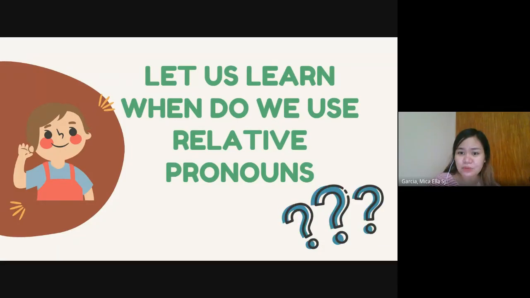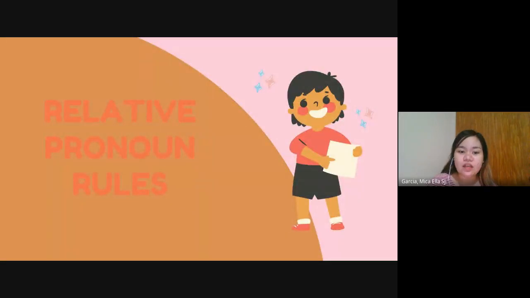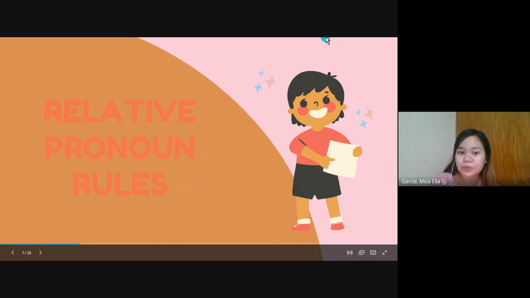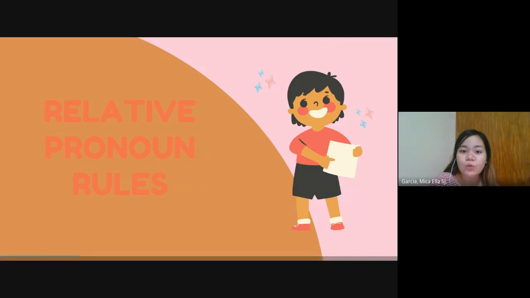Let us learn when do we use relative pronouns. Relative pronouns have rules, and we don't just use them if we want to. We have to follow certain rules when we are going to use the relative pronouns.